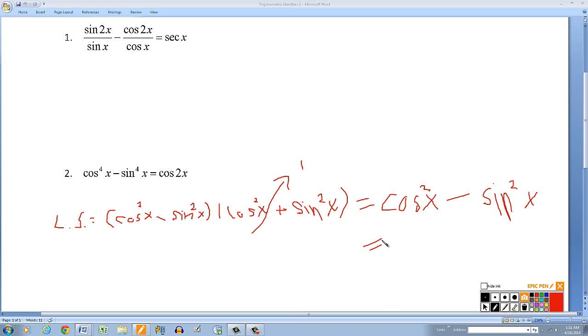But if you look at your identities, cosine squared x minus sine squared x, that's the same thing as cosine of 2x. And that proves the identity.